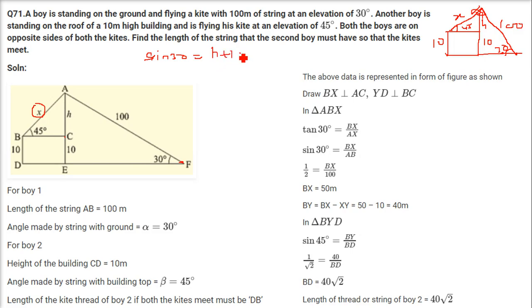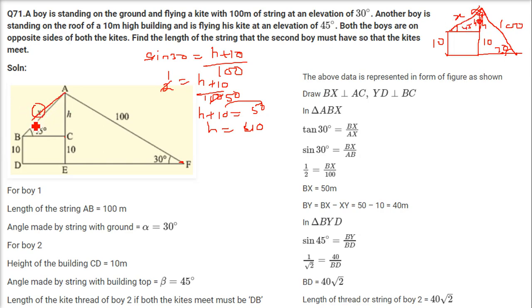Sine 30 degrees will be equal to perpendicular, that is h plus 10, by hypotenuse, 100. Sine 30 is half, so half equals h plus 10 by 100. So h plus 10 is 50, h will be 40. So this height is 40.